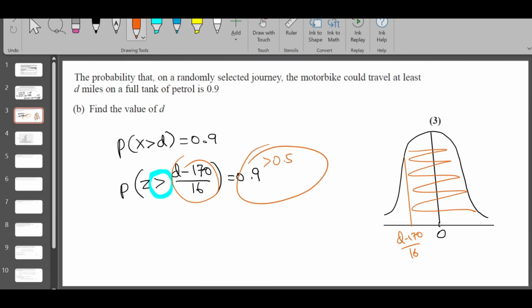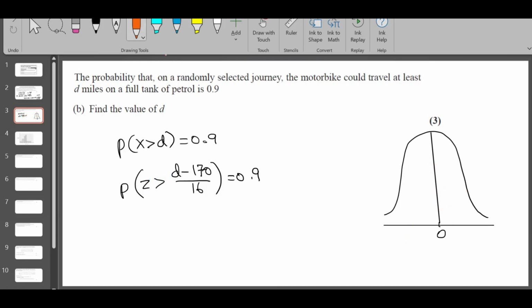So what I'm trying to say is it's a negative number, so you can't just blindly use the table. Now we know d minus 170 over 16 is a negative value. It cannot be negative if you want to use the table. It has to be a positive number.